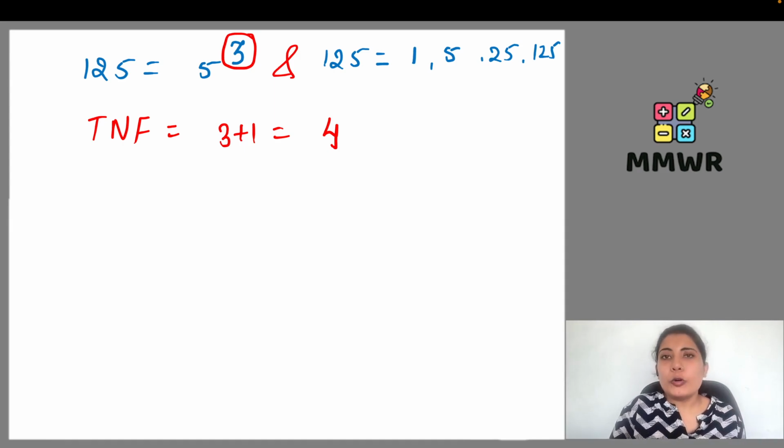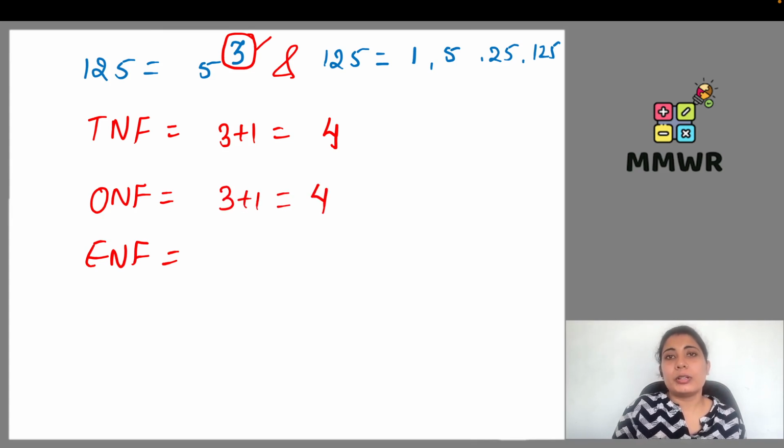Now out of these 4 factors, how many of them are odd factors? How many are odd? All four are odd. There is no even factor at all. So how many of them are odd factors? Because I have to take only the power of the odd base. 3 plus 1, 4.